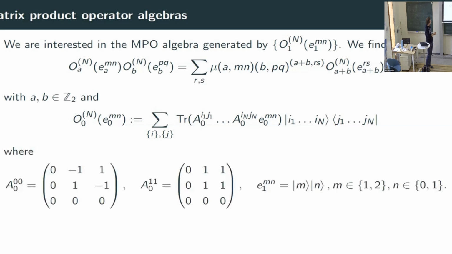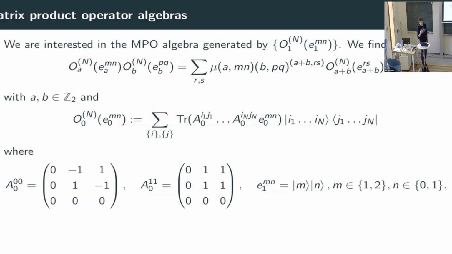And explicitly, again, this thing looks like this, where I have some arbitrary boundary condition now, but now you have to be a little bit careful. This is not a square matrix. So if you look at this here, and you imagine multiplying matrices like this, and then you have to close it at some boundary condition, you can tell that basically only a matrix with entries in this lower left corner would contribute. So again, there are 4 possible boundary conditions here, bringing the dimension of this algebra up to 8.